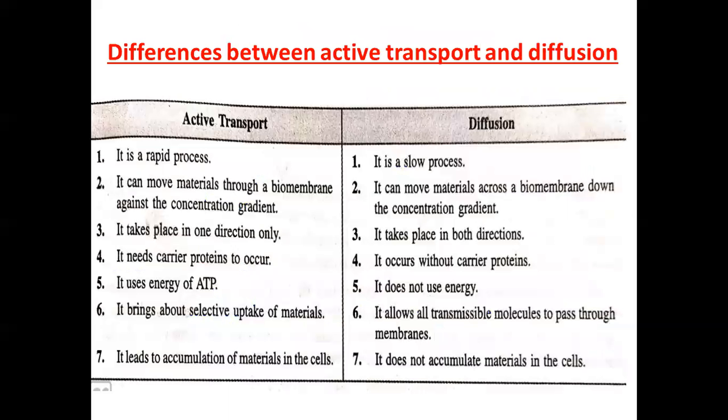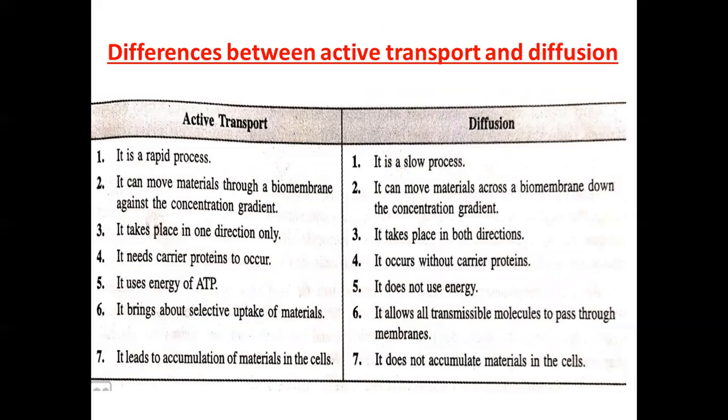Now what is the difference if we see active transport and diffusion? First of all, active transport is a rapid process, and diffusion is a slow process. Active transport can move materials through a biomembrane against the concentration gradient that we have already discussed, and diffusion can move materials across a biomembrane down the concentration gradient from high to low.